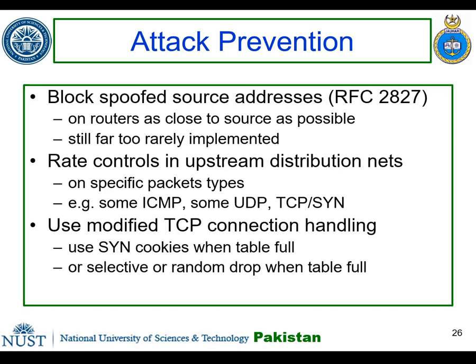The filters must be applied to traffic before it leaves the ISP's network or even at the point of entry to their network. Some attacks using particular packet types such as ICMP floods or UDP floods to diagnostic services can be throttled by imposing limits on the rate at which these packets will be accepted.